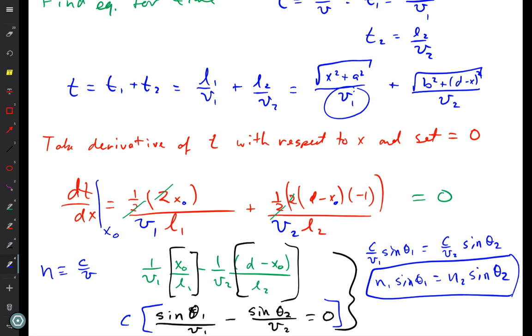If you go into a slower speed, the wavelength is shorter because it travels less distance in the time to do one cycle. And that was how Snell's Law is actually derived. But now using this variational principle, we're able to show that Fermat was correct, that the path that light takes to go from point A to point B is indeed the path of shortest time. And speaking of shortest time, I'm done.